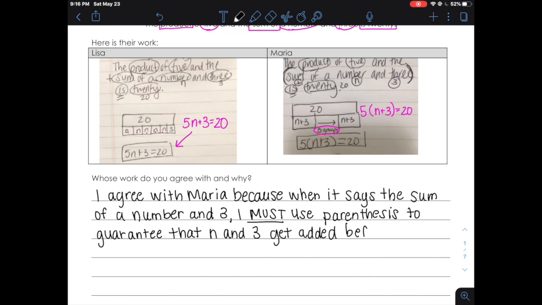We want them to be added together before we multiply by 5. All right, so let's go ahead and move on.